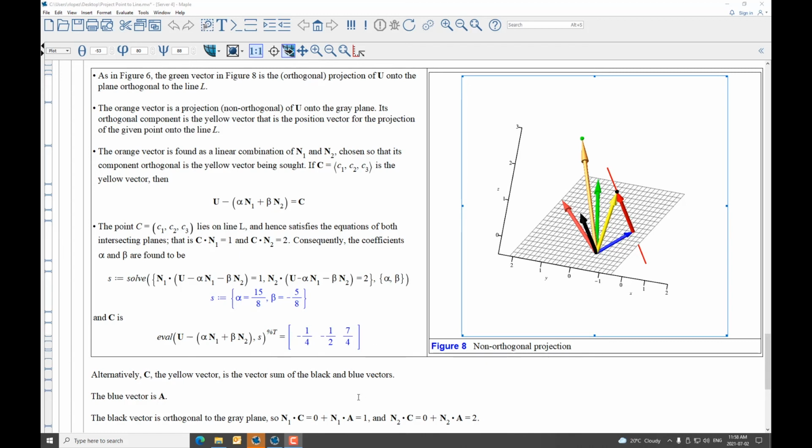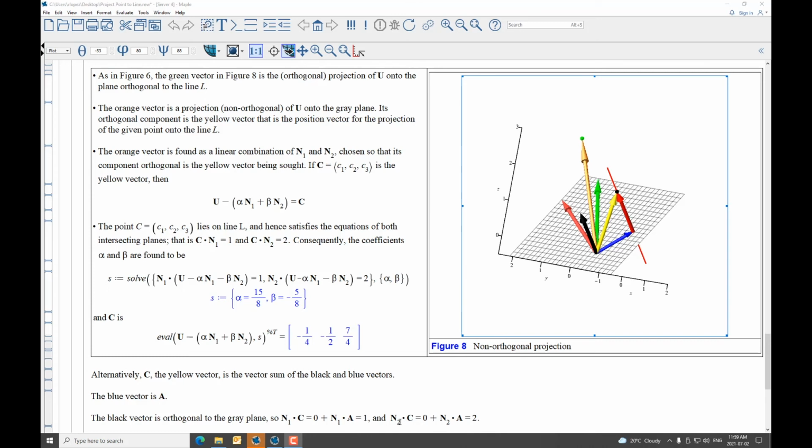So if you take the dot product of that sum with one of these normals, N1 or N2, N1 dot the black vector is 0, and all that's left is N1 dot the blue vector, which is A. That I could calculate, and I calculated it to be 1.